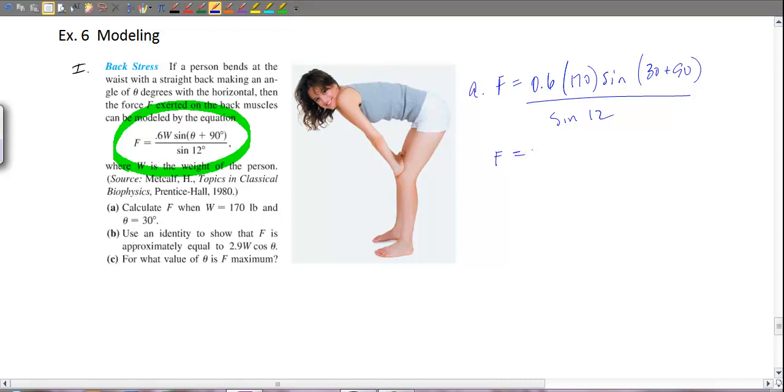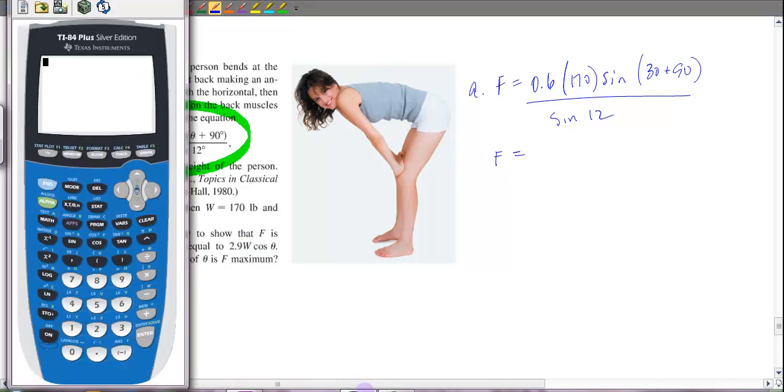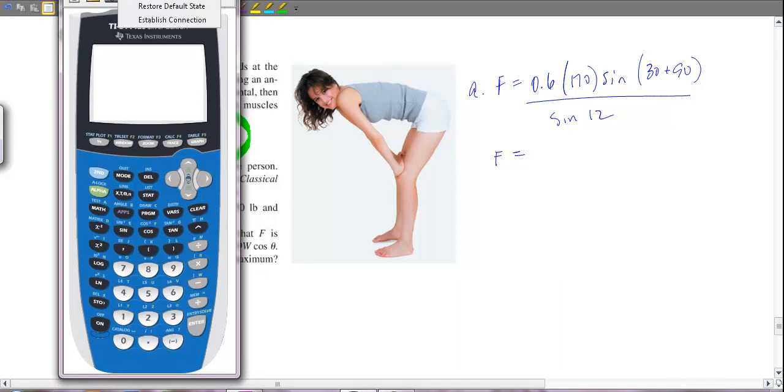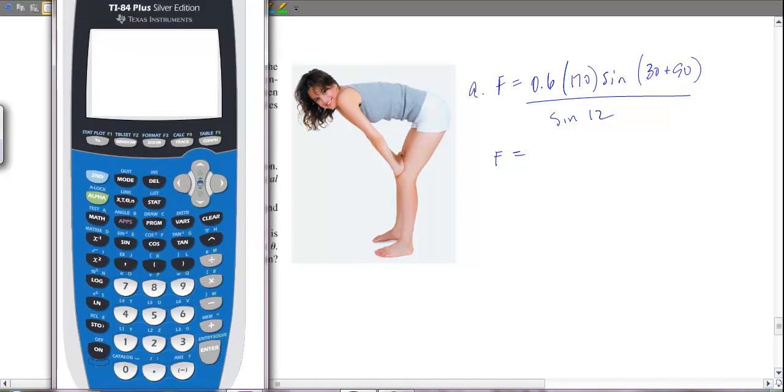I'm going to let my calculator do these calculations for me. I take 0.6 times 170 times the sine of 120. Let me make sure I'm in the right mode.